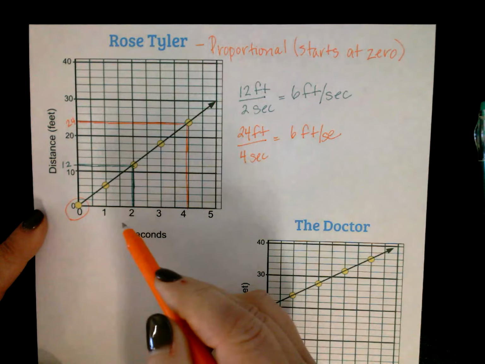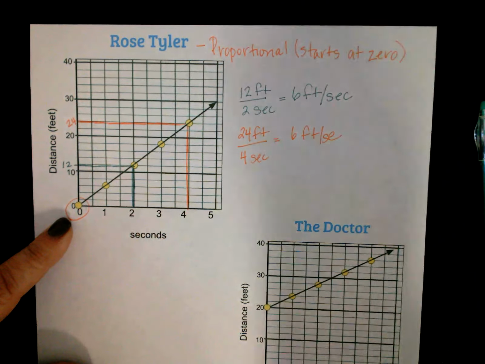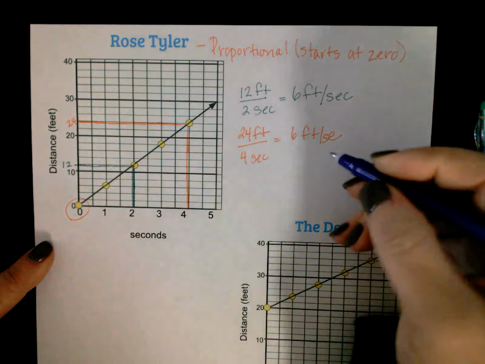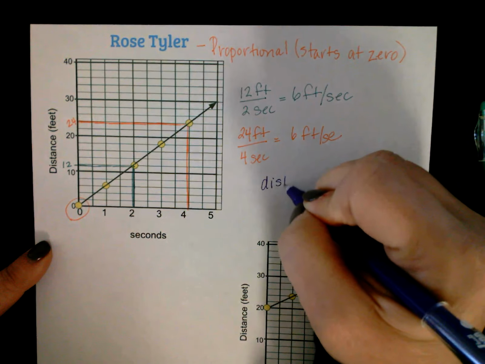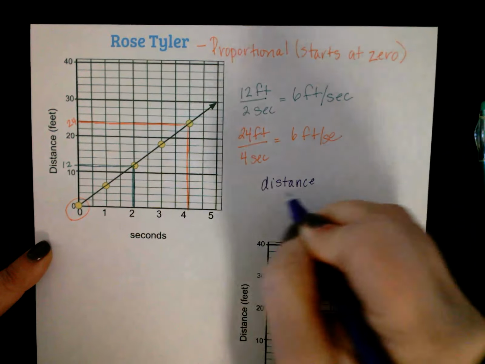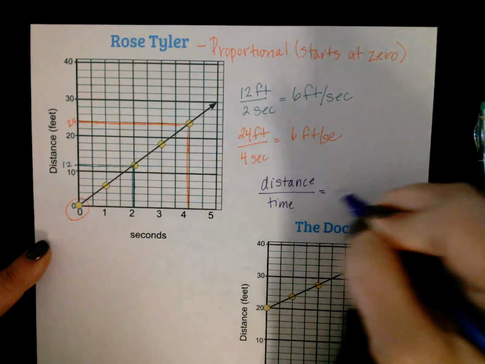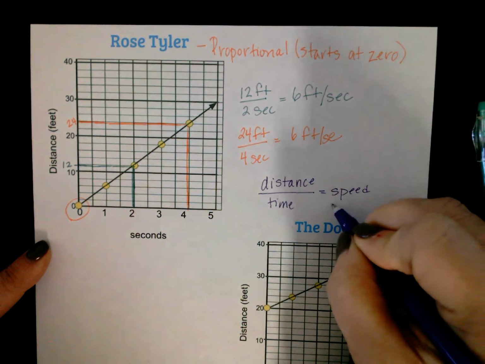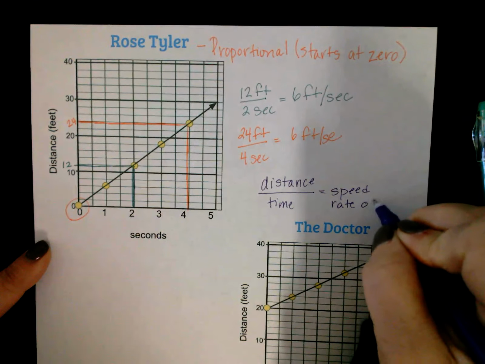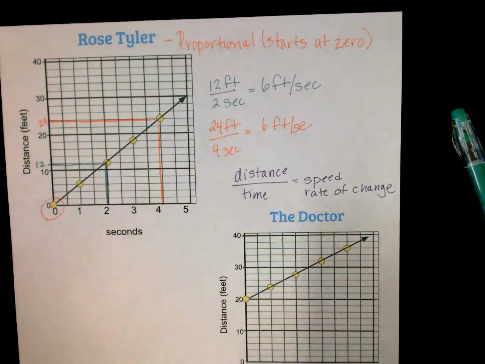For this, when you start at 0 and it's proportional, you can take the distance divided by the time to get the speed or rate of change. All right, I will give you a second to get caught up with that.